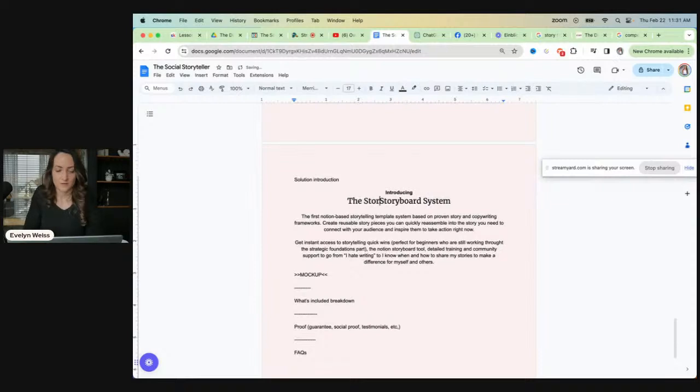The storyteller's storyboard system, membership and program.